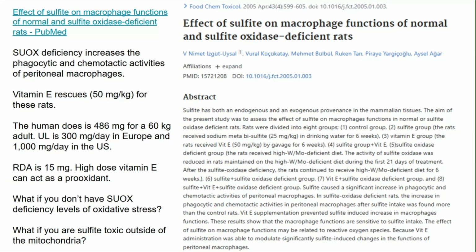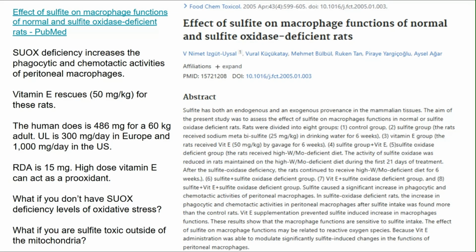In these rats, they went ahead and gave them 50 milligrams per kilogram of vitamin E. And they figured out that the vitamin E helped to slow down the effects of sulfite oxidase deficiency on macrophages. They hypothesized that it's related to reactive oxygen species.